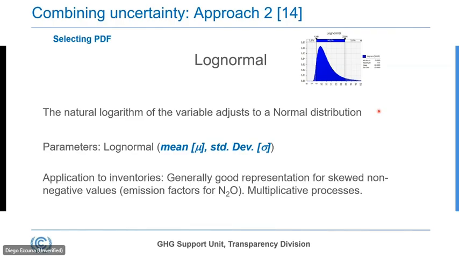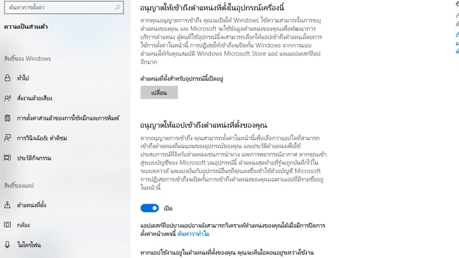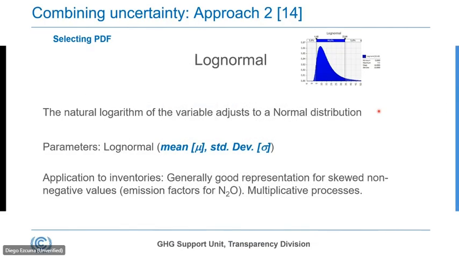Then we have the log normal distribution, which is fully related to the normal. If you have a log normal distribution and you change the scale and plot the numbers on a logarithmic scale, you will see a normal distribution. That's the definition of the log normal distribution. And again, the parameters defining this are the mean and the standard deviation.